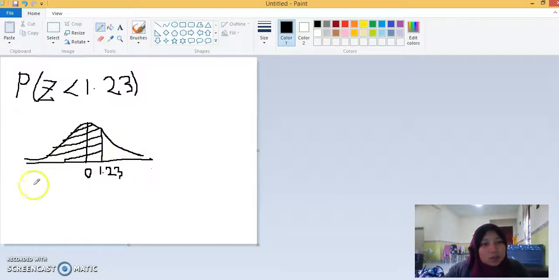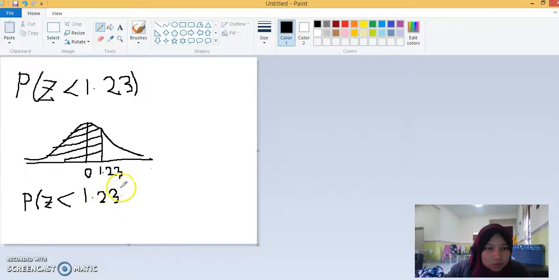So if P(z less than 1.23), if this is your 0, 1.23 will be somewhere here, the same as this one.